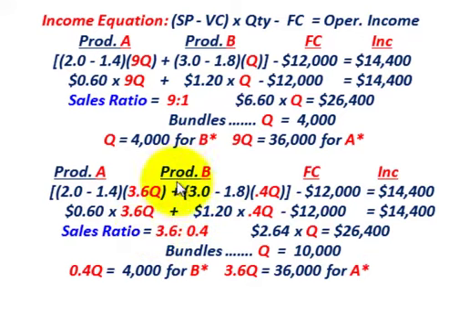So converting the 9:1 to the 3.6 to 0.4, the numbers all fall out the same, and it has nothing to do with the quantities and the incomes. You can use either of these sales ratios, and it has no factor in your numbers if you're just looking at equations. But if you're looking at it on the graph, it makes a difference.